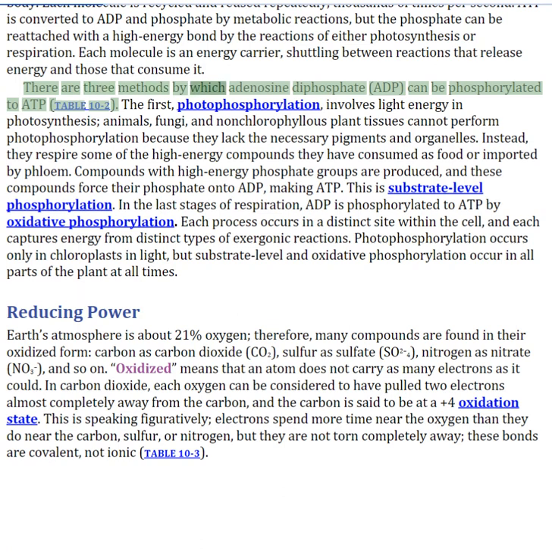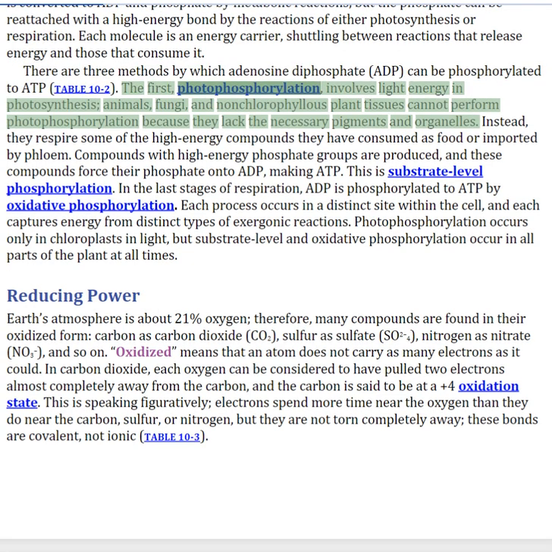There are 3 methods by which adenosine diphosphate can be phosphorylated to ATP. The first, photophosphorylation, involves light energy in photosynthesis. Animals, fungi, and non-chlorophyllous plant tissues cannot perform photophosphorylation because they lack the necessary pigments and organelles.